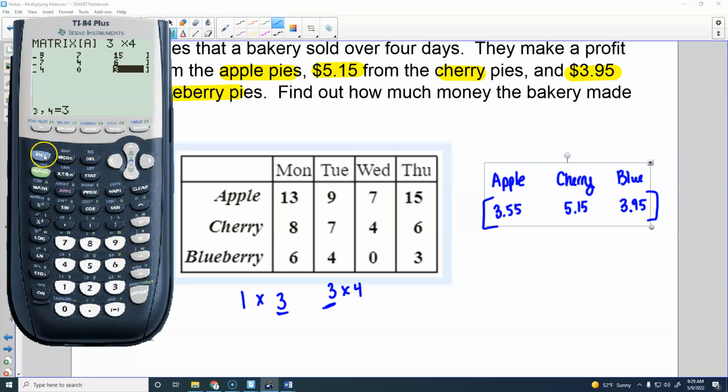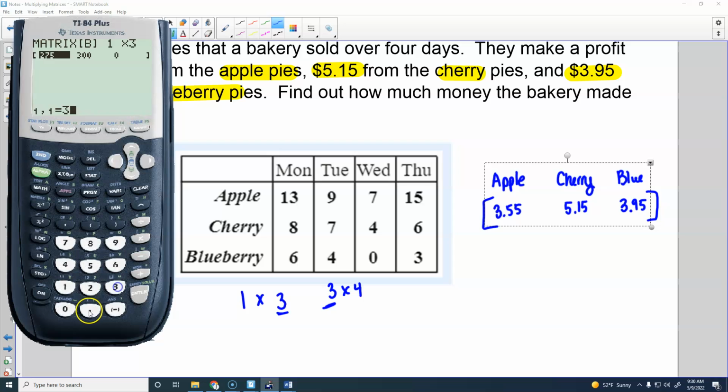Then I'm going to do the same thing and put in matrix B, my second matrix. So I'll do second matrix, go over to edit, go down to number 2, which is B. Make sure you don't put it in number 1, or you're just going to replace that matrix you just typed in, and that will not do anybody any good. So I need a 1 by 3.